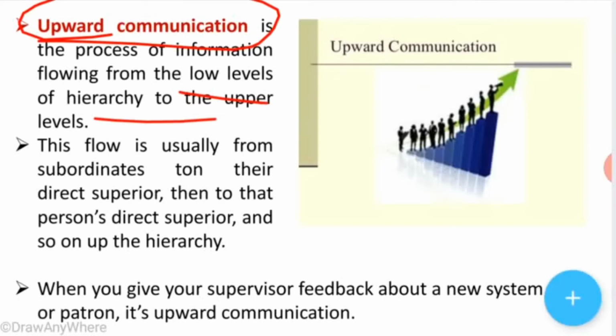The main aim of this type of communication is to provide feedback to the higher level, inform them of progress towards goals, and share suggestions and opinions. So what is upward communication? It's a flow from lower level to higher level, subordinate to superior.